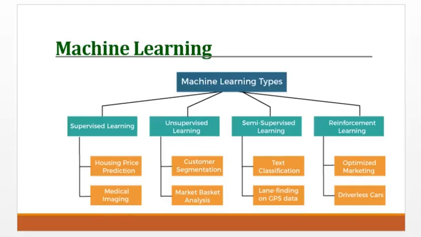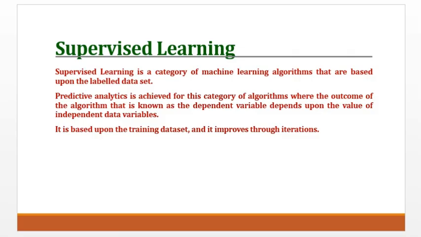Machine learning is broadly categorized into 4 types: supervised learning, unsupervised learning, semi-supervised learning, and reinforcement learning. We move on to supervised learning. Supervised learning is the most common type of machine learning where the model learns from labeled data.